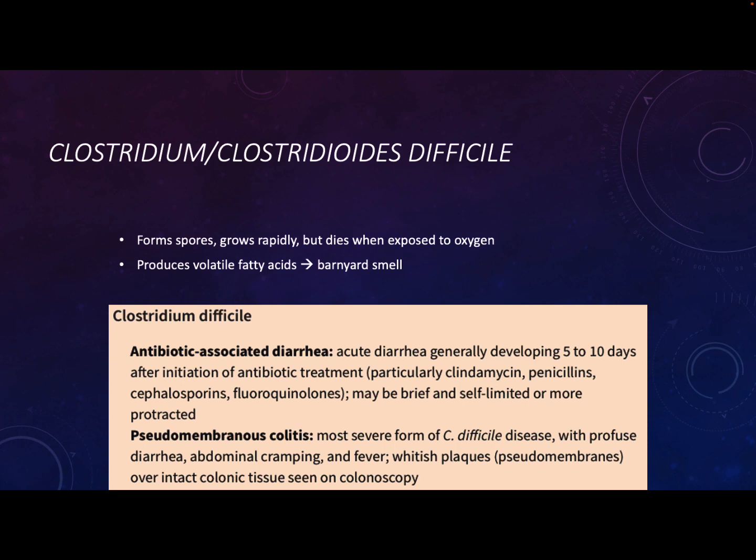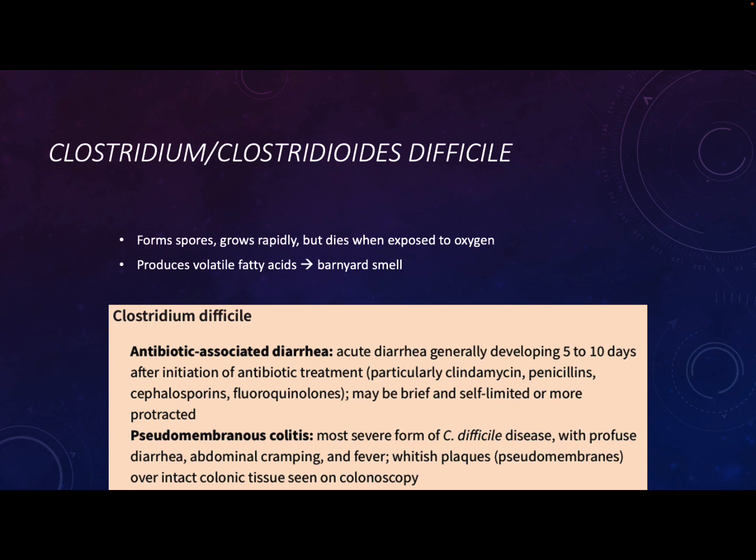And the bacterium produces volatile fatty acids. And I don't have personal experience with this, but they say that when a patient has diarrhea caused by C. diff, the feces produce a barnyard smell, that it smells more like manure than you would think that human feces would smell like. And I know it's like, oh, now we're talking about the way poop smells too, but sometimes that can be super informative.